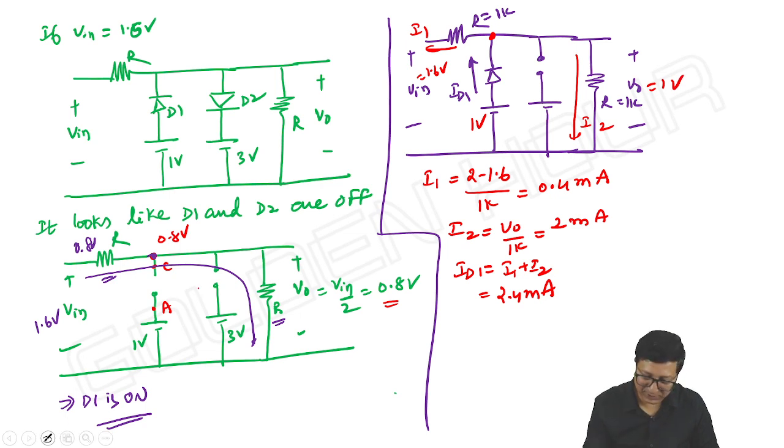Then I should change the direction of the current I1. I1 should be like this. What is I1? 1.6 minus 1 by 1K, 0.6 milliampere.